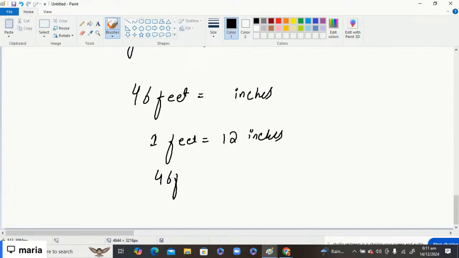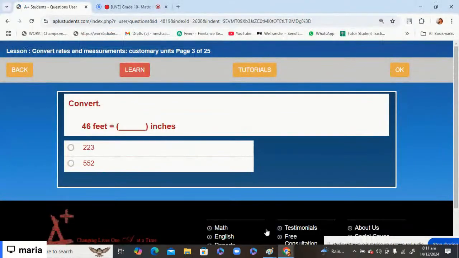So 46 feet is how many inches? 46 times 12. Okay. So when you find it out, 46 feet, how many inches? That is 552. Let's see the answer. Yes, it's on here.